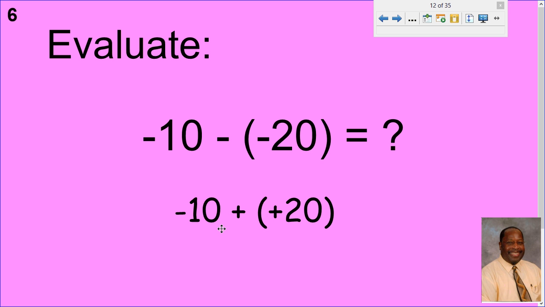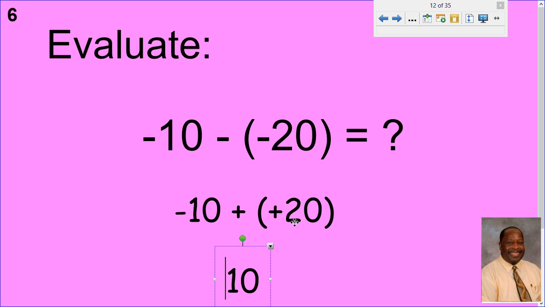So now we have to use our rules for addition. Here the signs are different. When the signs are different, we have to subtract our numbers. So 20 minus 10 gives us 10. So I get 10, but now I've got to choose the sign. What sign should I put? Well, remember, when I look at the digits, 20 is a bigger digit than 10.